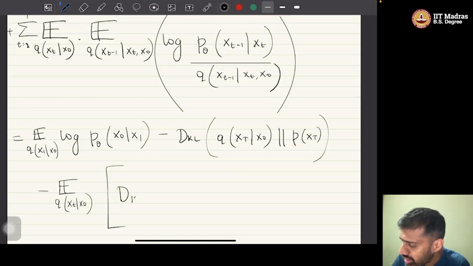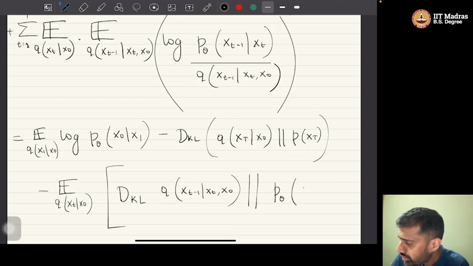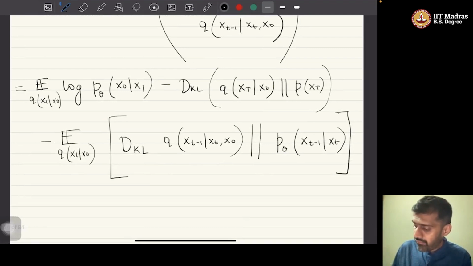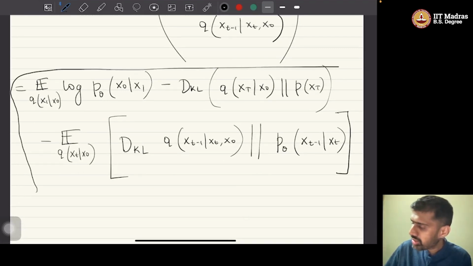This is the KL divergence dKL between q of xt minus 1 given xt and x0, and p theta of xt minus 1 given xt. So that's it. This is the final expression for the ELBO of a DDPM. Let me just circle it.